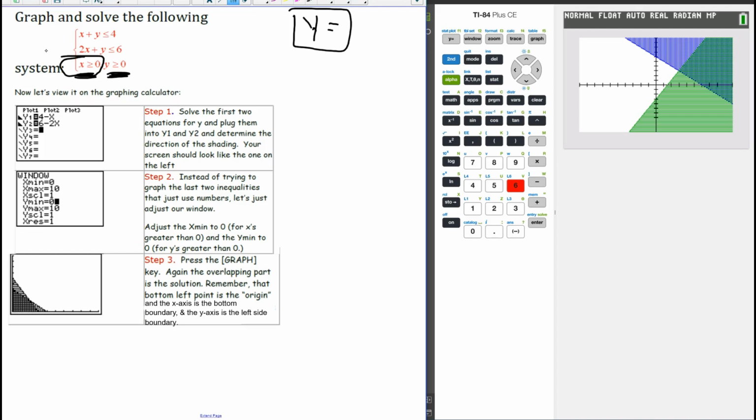So I am putting in, okay, and again I've got to solve these, first of all for the y, both of these. Okay, so I type in the 4 minus x, it's a less than. 6 minus 2x, it's a less than.